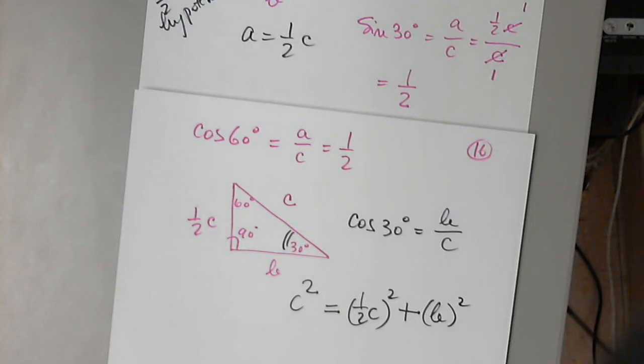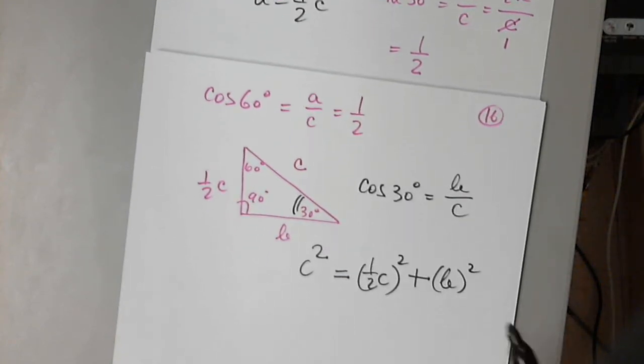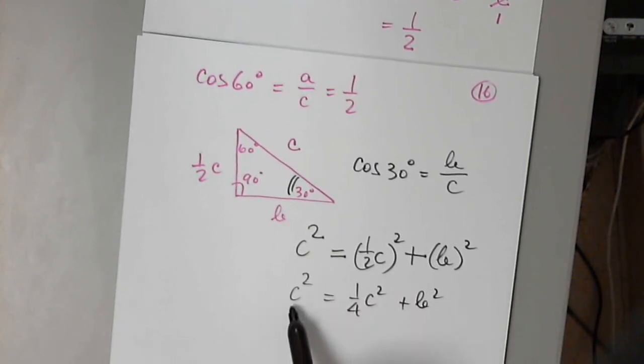Because if you say A, B, and C, or A squared equals, you have to specify which one is the hypotenuse, and which ones are the two legs of the right triangle. Okay, so then this is C squared equals 1/4 C squared plus B squared. From here, C squared minus 1/4 C squared will be 3/4 C squared equals B squared.